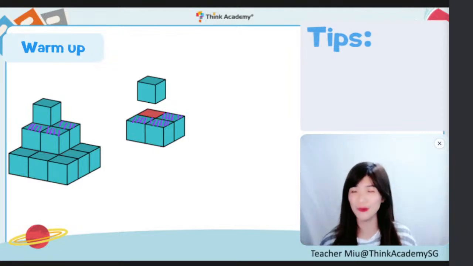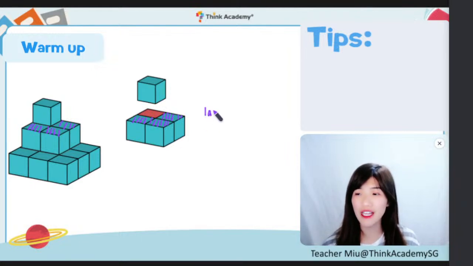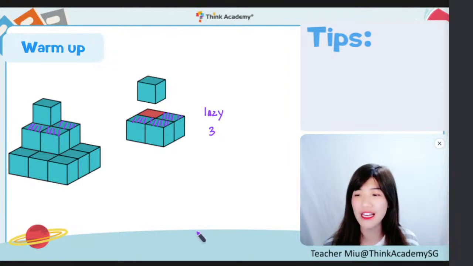Right, so for this layer, you can consider it as having working cubes and lazy cubes. What does it mean? The lazy cubes are actually the cubes we can see here. 1, 2, 3. 3 very lazy ones. They do not need to do anything. So we have 3 lazy cubes.